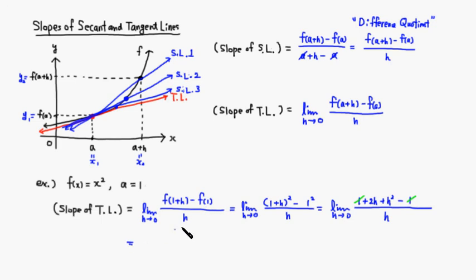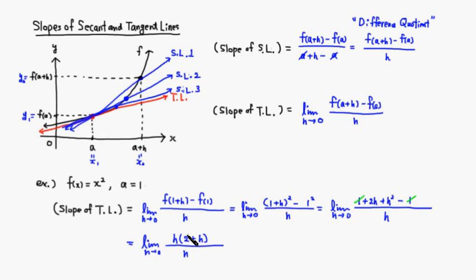Both terms that are left over, 2h and h squared, have h in them, so the limit as h approaches 0 of h times (2 plus h), all over h.